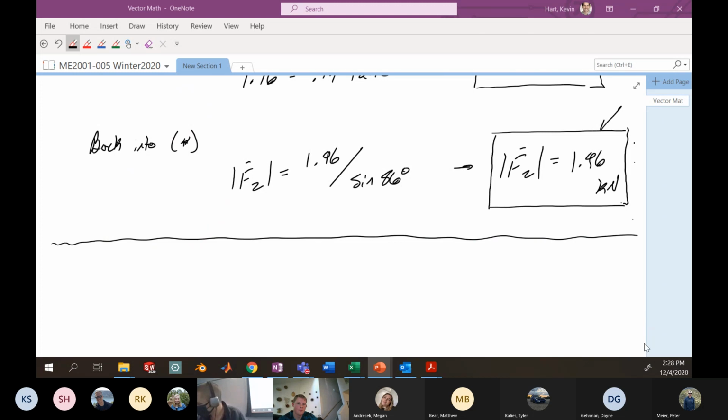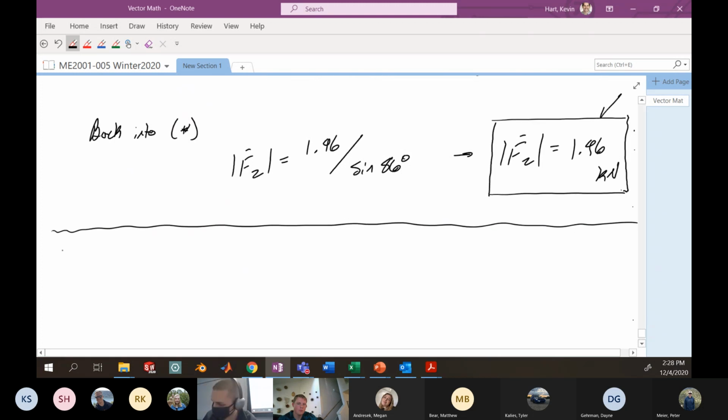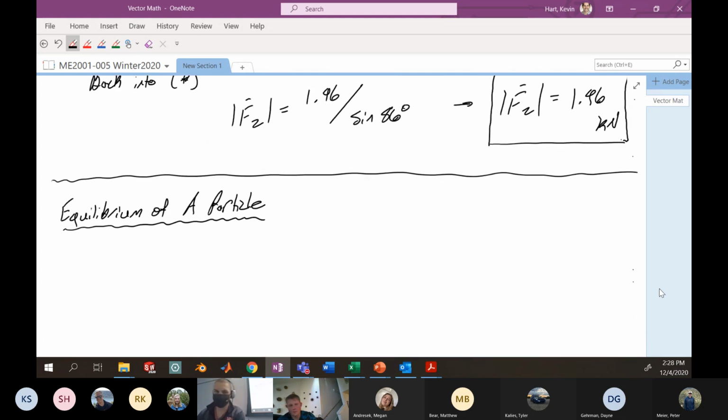All right, so let's talk about equilibrium of a particle. Okay, this one's pretty easy. A particle is said to be in equilibrium if the resultant force of all forces acting on that particle is 0. It's pretty easy.